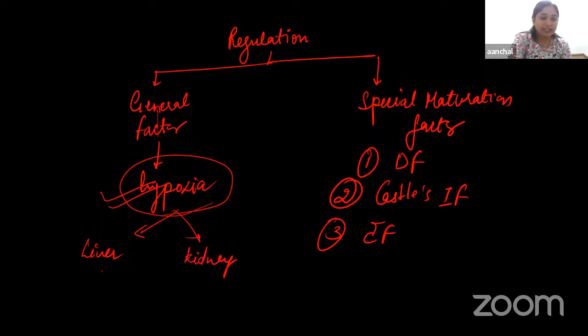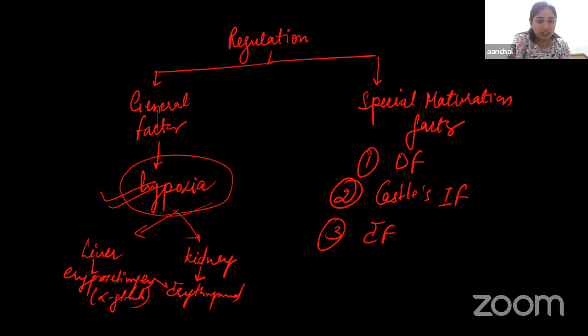Now the kidney will release erythropoietin, and the liver is going to release erythropoietinogen. That is a kind of alpha globulin, and that is also responsible for the release of erythropoietin.